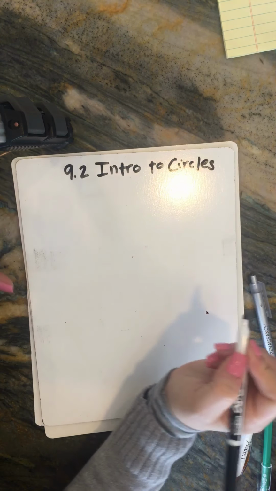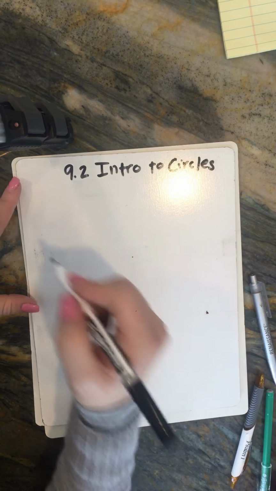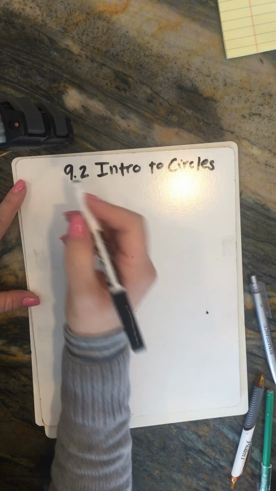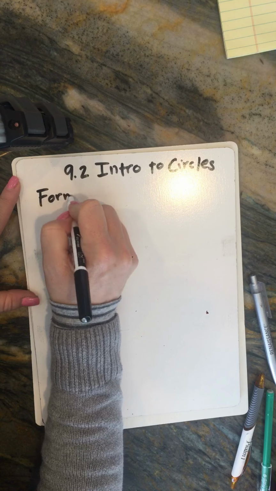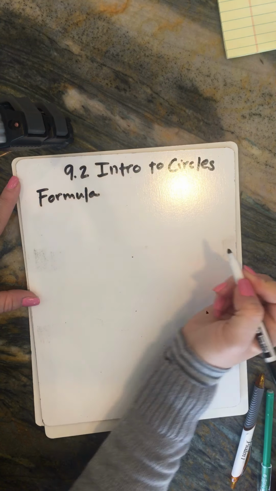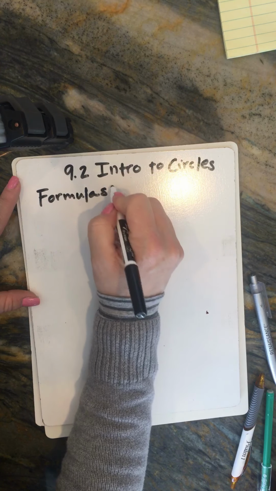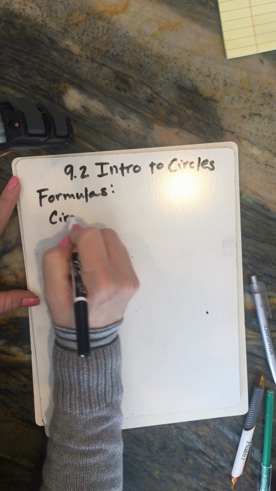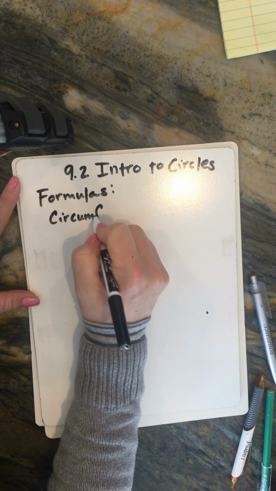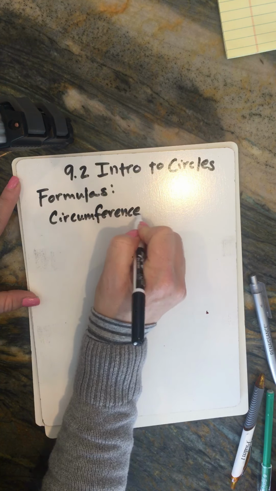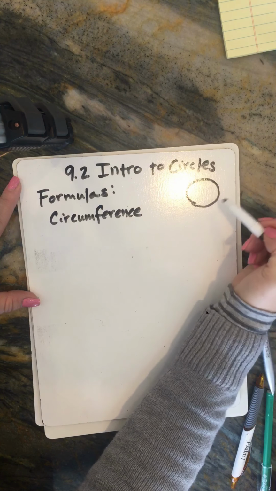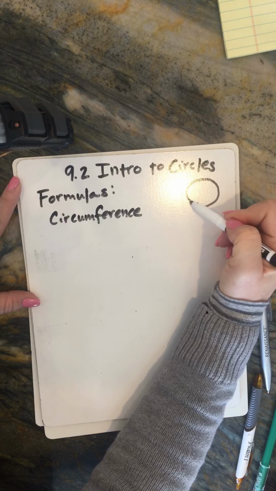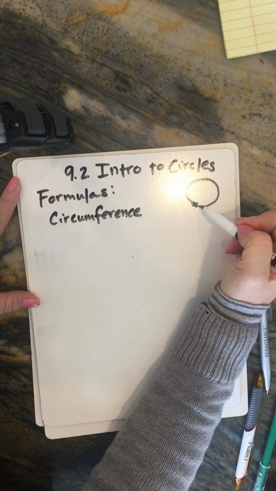Pretty easy. Let's go back to your grammar school days and remind ourselves of the formula for the circumference and the area of a circle. So formulas, we have circumference. Keep in mind, circumference means you're going around the circle. If you were a little bug and you were going to walk around the circle, how far would you go?